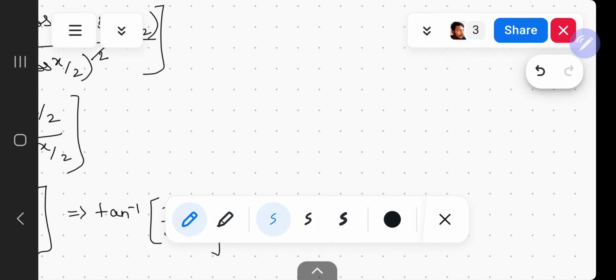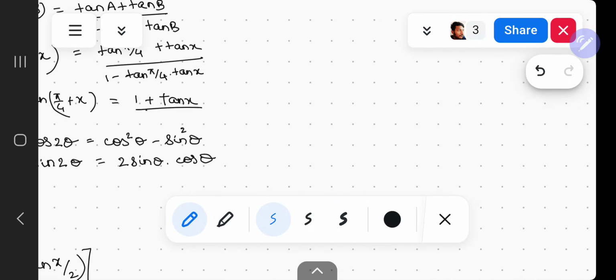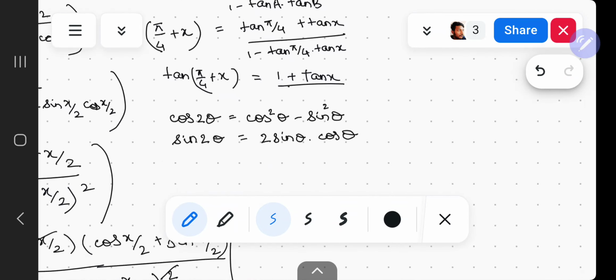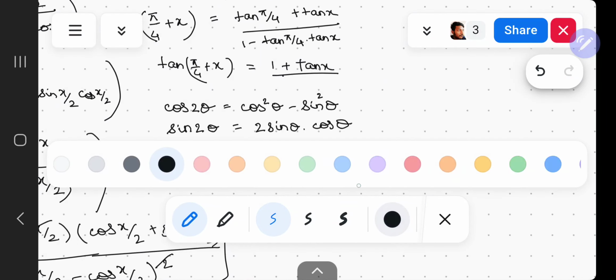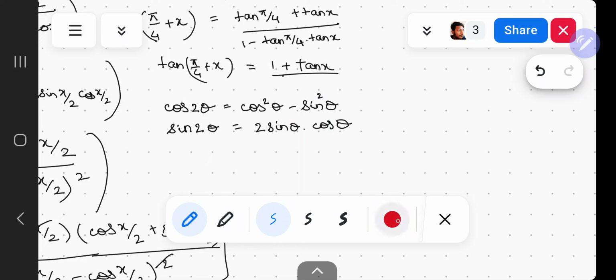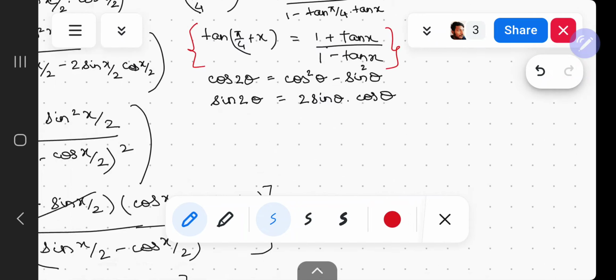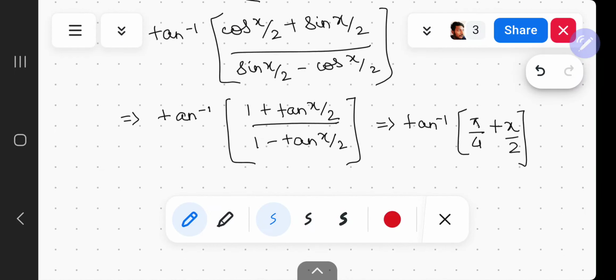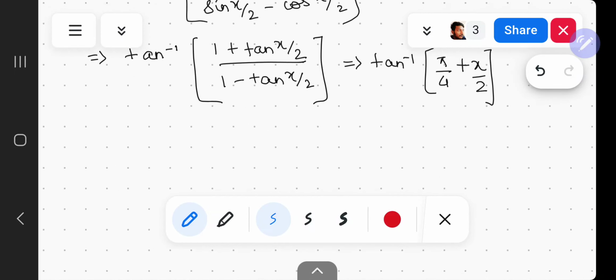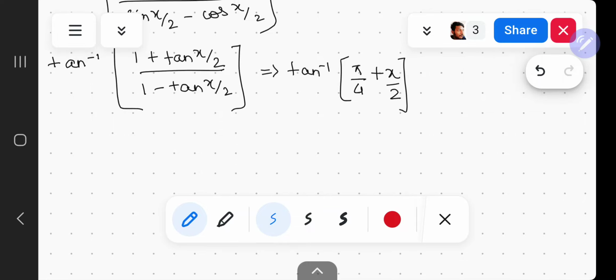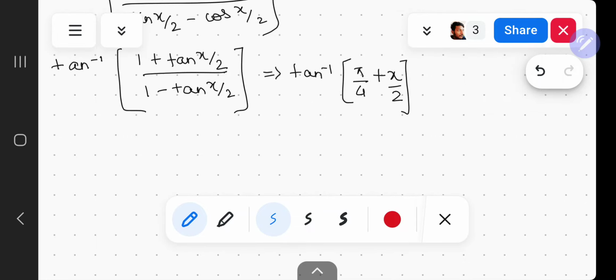So we have discussed this formula here and we have applied that in the last. So this is how we'll be simplifying that one. Okay, so now we'll move to the next question.